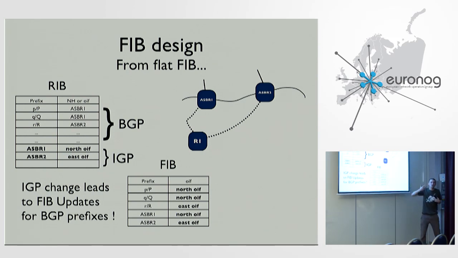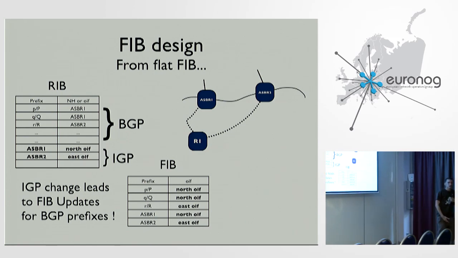So the recursivity aspect of these prefixes no longer appears in the forwarding information base. As a result, if your shortest path towards a given next hop changes, the forwarding information base must be updated for all the prefixes that you reach through that next hop.